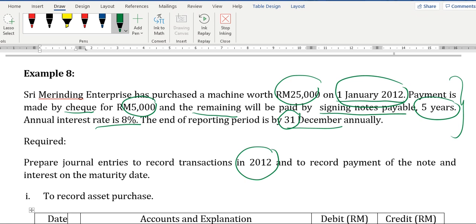So we need to adjust all the expenses and the revenues for the current year.